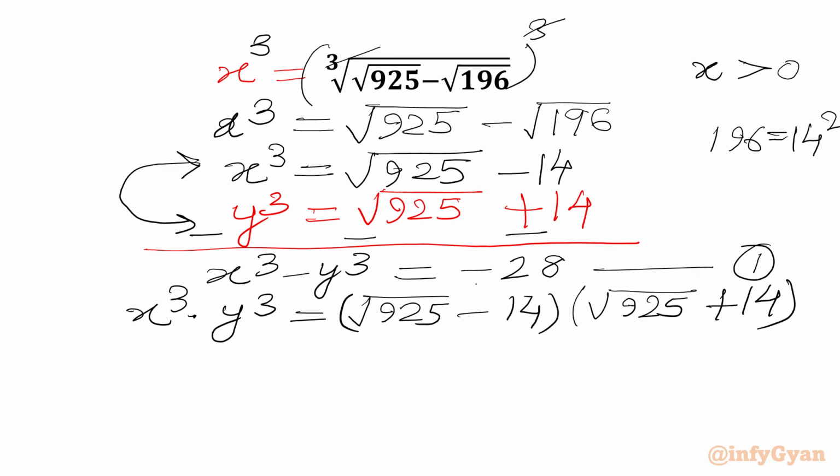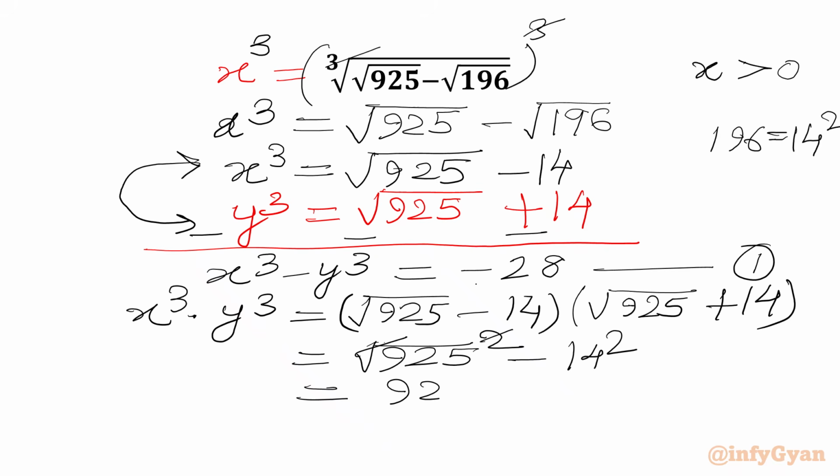A minus b times a plus b is a square minus b square. So square root 925 whole square minus 14 square. Square root and square will get cancelled out. We will get 925 minus 196, which is equal to 729.